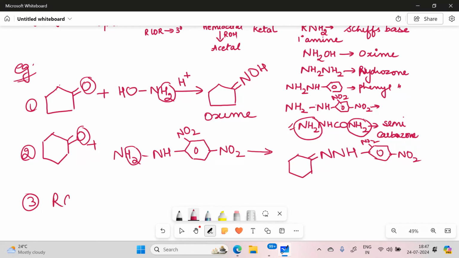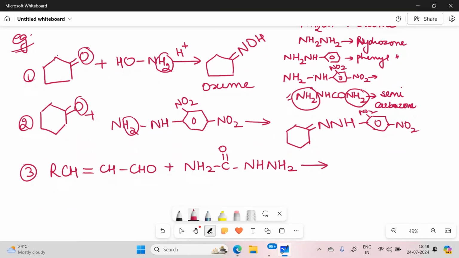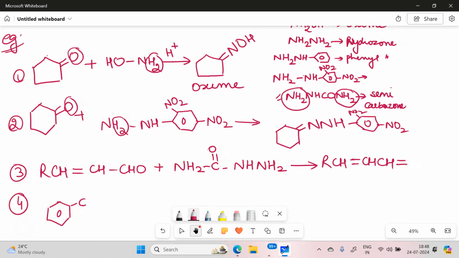Now next is RCH double bond CH CHO plus NH2 CONH NH2. Pradhanya, you have to tell me this one. It'll become RCH double bond CH CH, then N, and so on.